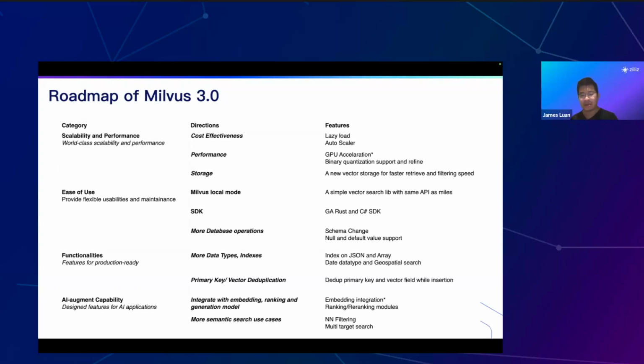Yeah. So in 3.0, we are going to work with a lot of inference vendors like BentoML, and a lot of model providers like OpenAI. So what we do is we actually have a function.